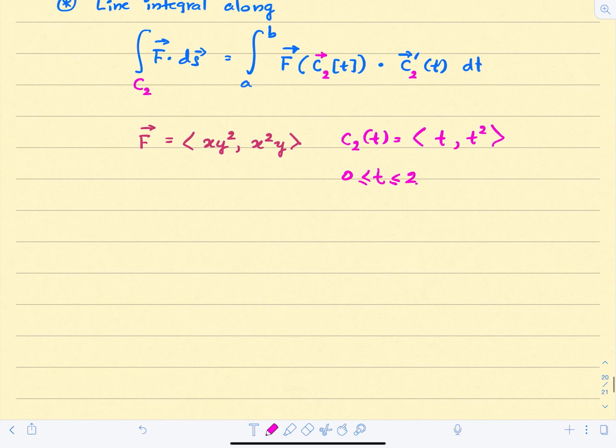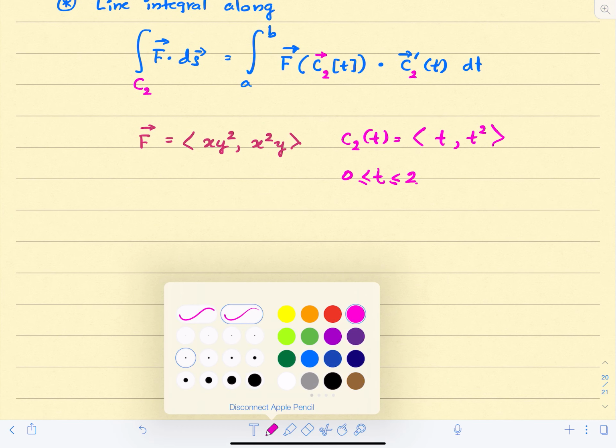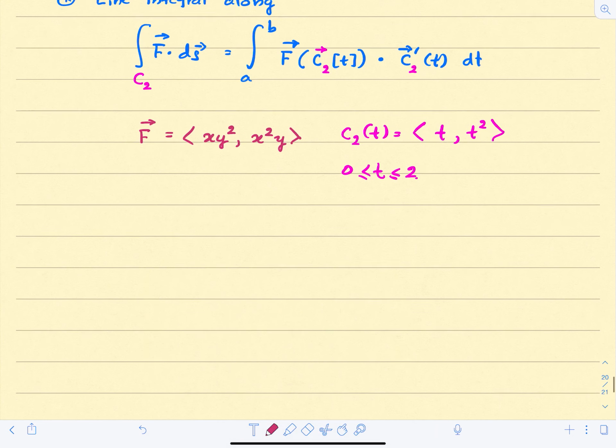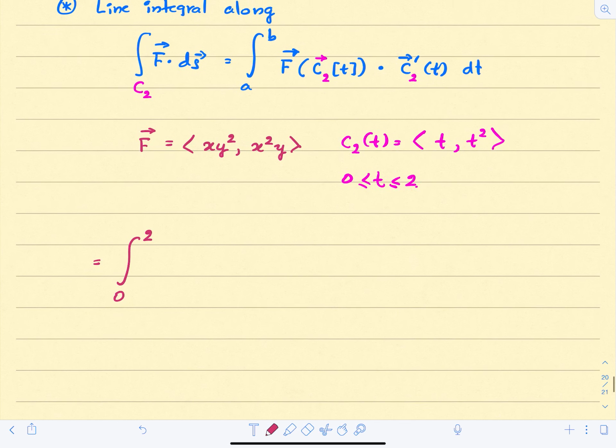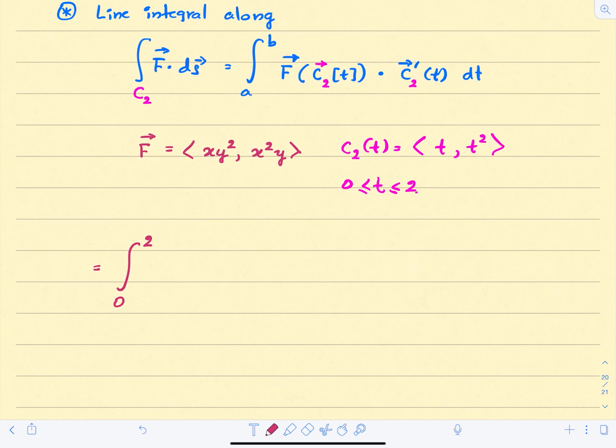Okay, let's calculate the line integral from 0 to 2. Now we need to express the vector field in terms of t. This is your x coordinate and this is your y coordinate.